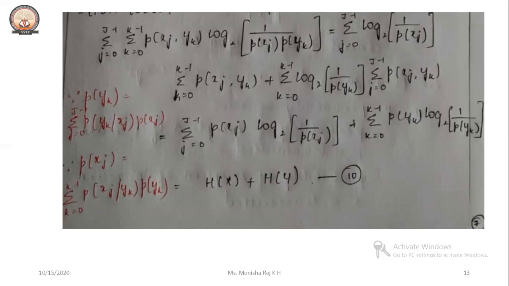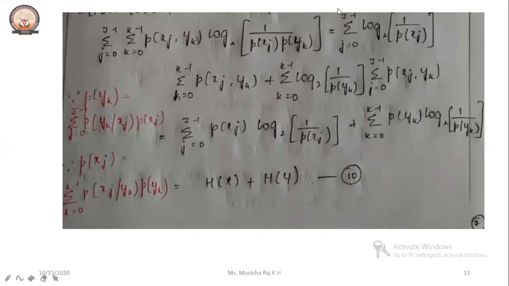Summation j, summation k = 0 to K-1, p(xj, yk) into log of 1 by p(xj) into p(yk) will be equal to summation j = 0 to J-1, log of 1 by p(xj) into summation k = 0 to K-1, p(xj, yk), plus summation k = 0 to K-1, log of 1 by p(yk) into summation j = 0 to J-1, p(xj, yk).